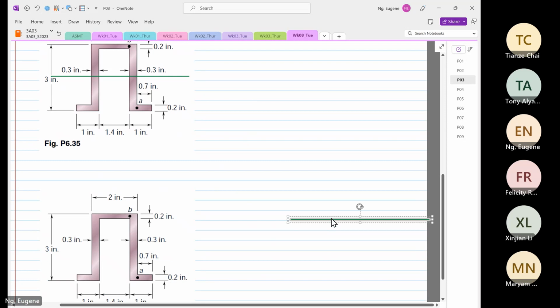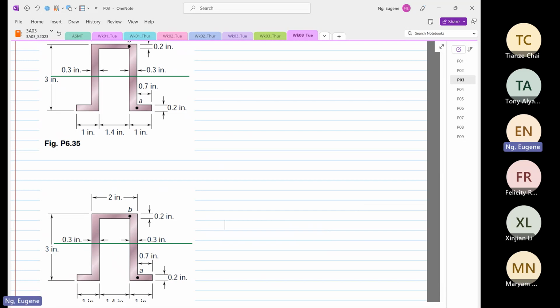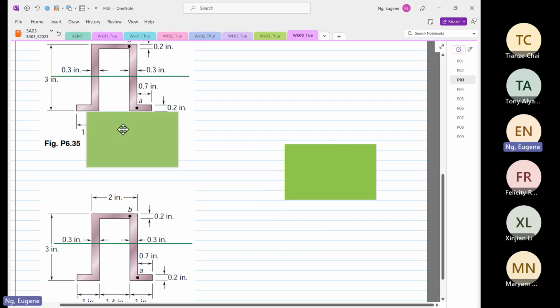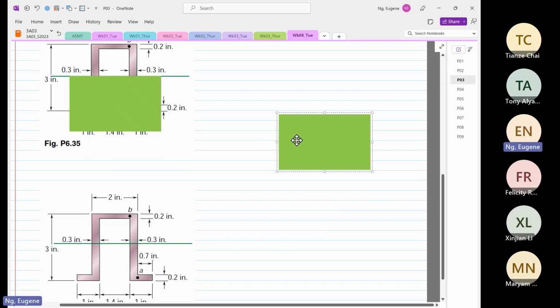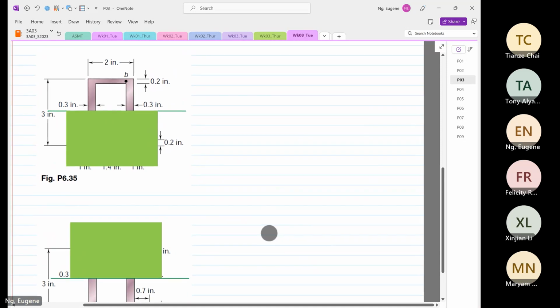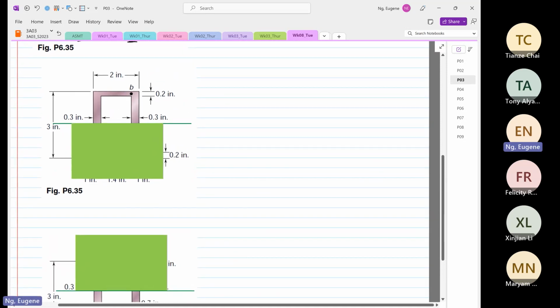So what I'm going to do now is take this box, cover the bottom bit, and have another box cover the top. The rules still apply that the first moment of area cannot cross the centroid. That rule still applies.